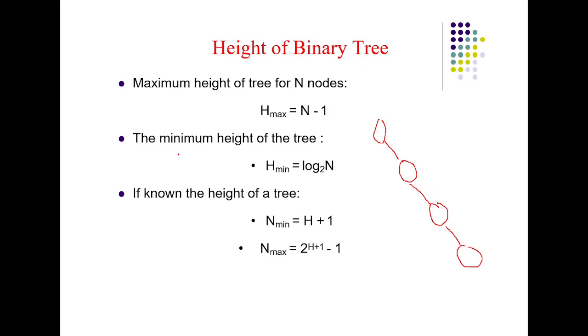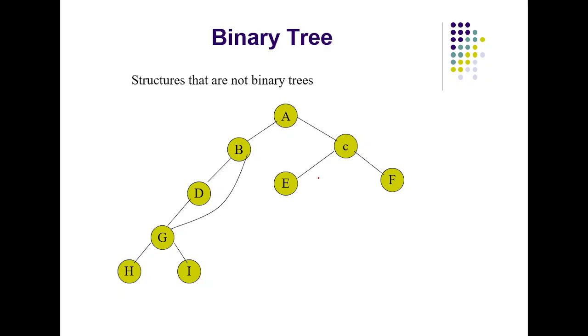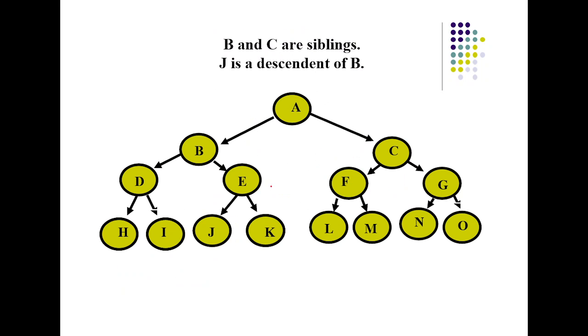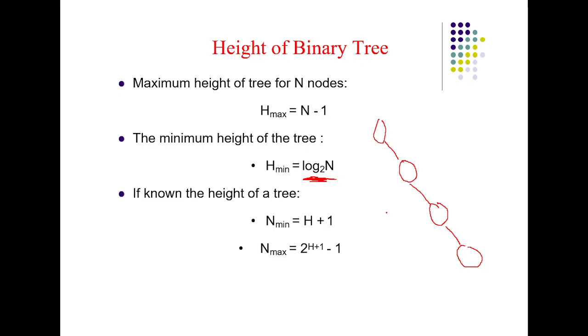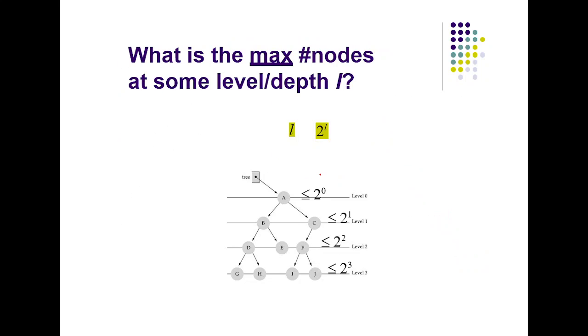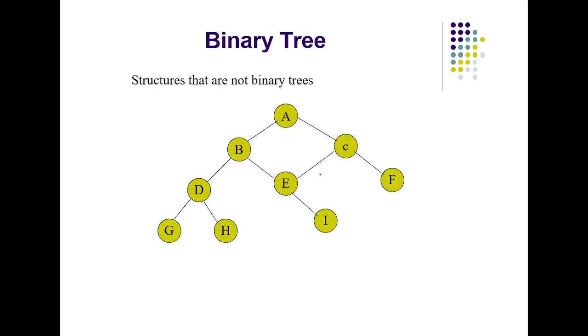Similarly, the minimum height of a tree will be log n. It means if the tree is fully filled, like you can see in this diagram, the height is log n, like we have discussed here. The minimum height of a tree is log n. So if we have n nodes, then the minimum height will be log n.